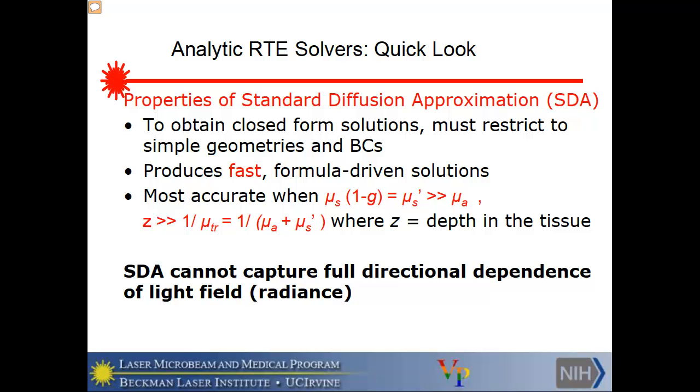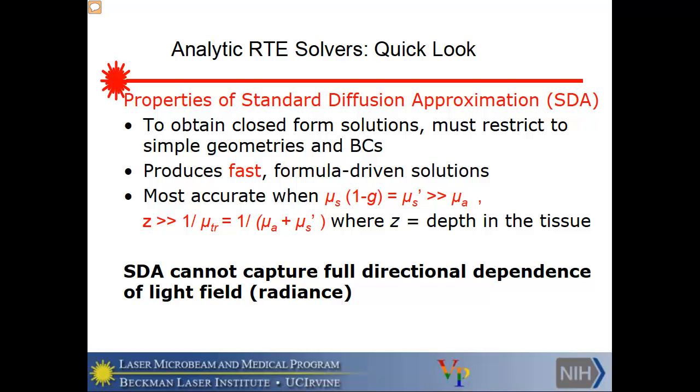Also, where depth penetration is at least as big as 1 over the transport mean free path, 1 over the transport cross section. So that's the transport mean free path, the inverse. And the big deal about SDA is that if there is a lot of directional dependence in the radiance, you won't be able to capture that with SDA.